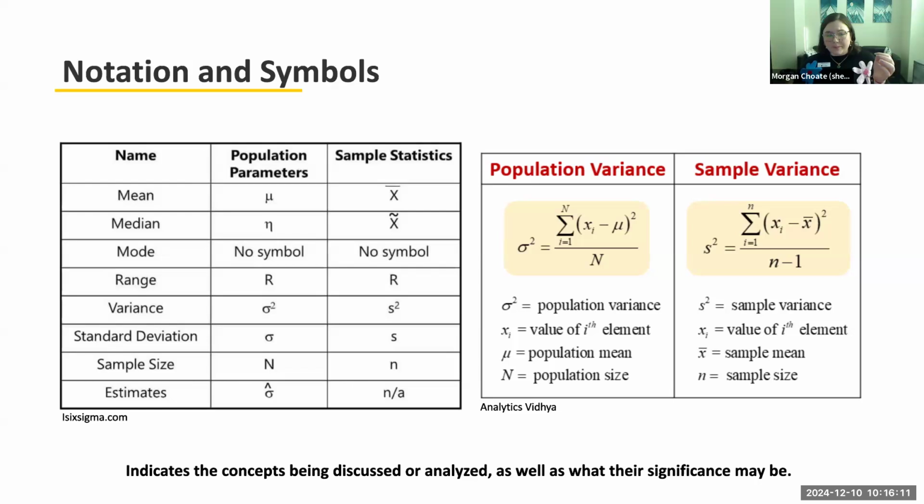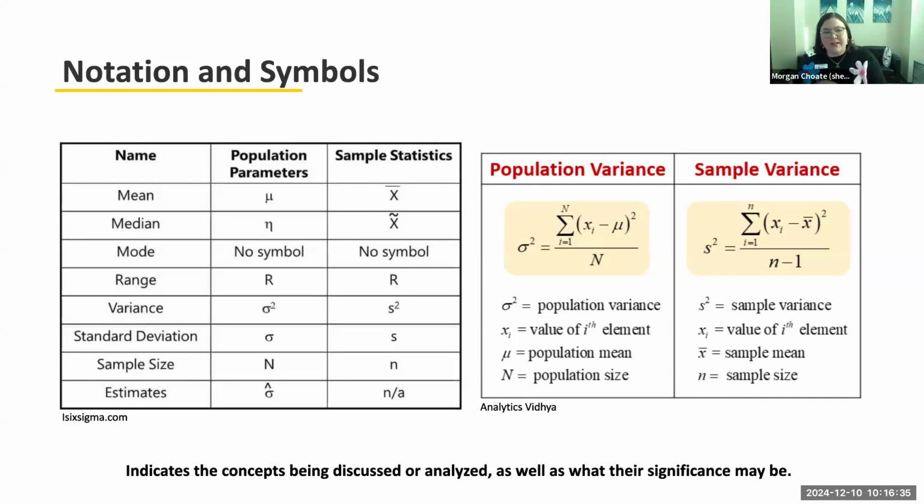Whereas your sample, and this is what I mentioned, the lowercase statistics, statistic as an object is just a number from your sample. So the saying like, I don't want to be a statistic, you don't want to be a number in the grand scheme of things, not the capital S concept, but the actual object.